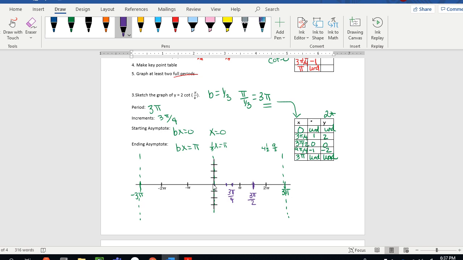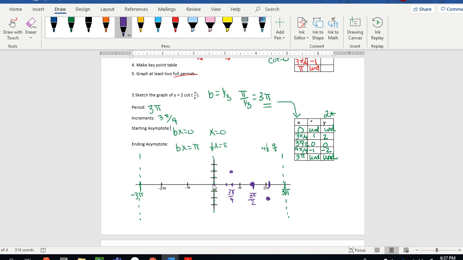So this is our 0, and our 2. This goes up to 2. This one over here goes down to 2. Wait a minute, I didn't get my point over here. Halfway over here is right here. It goes down to 2.